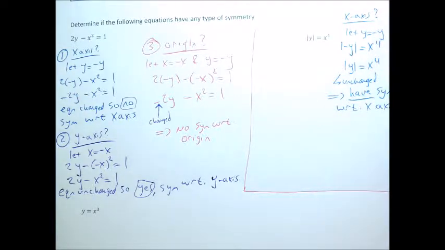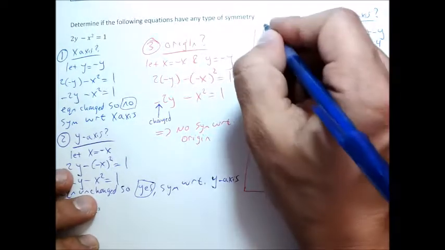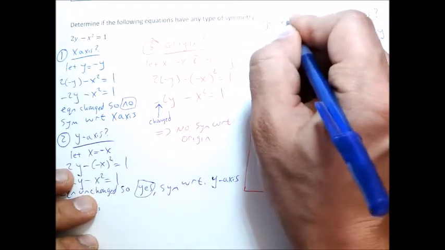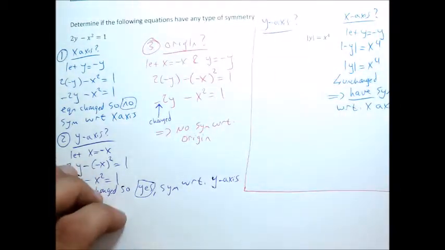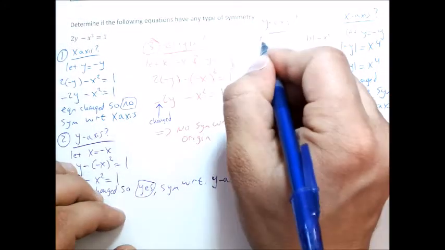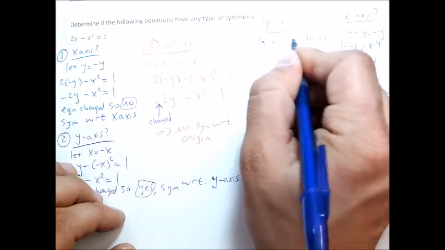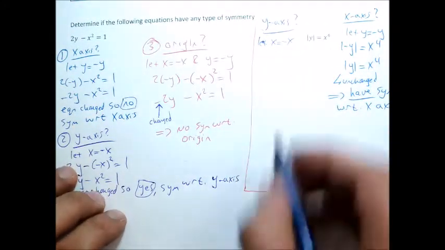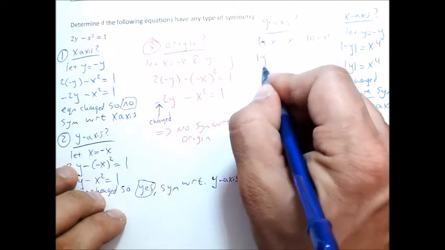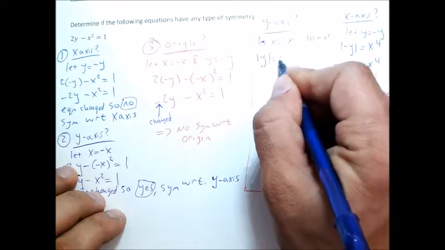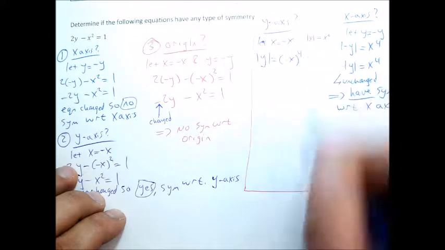What about y-axis? If y-axis, we do the opposite, right? So we let x equal negative x in the equation, and we'll end up with absolute value of y equals negative x to the fourth.